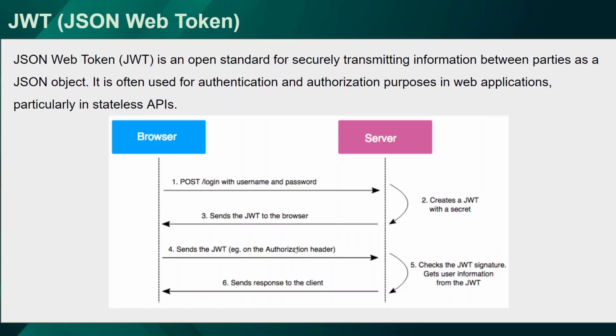If you look at this diagram, you can understand that initially the browser, which means the client side, will send a login request by providing the username and password, and the server will generate a JWT with a secret.